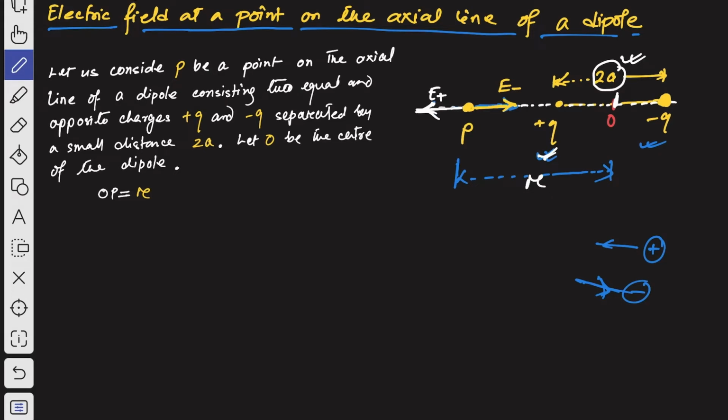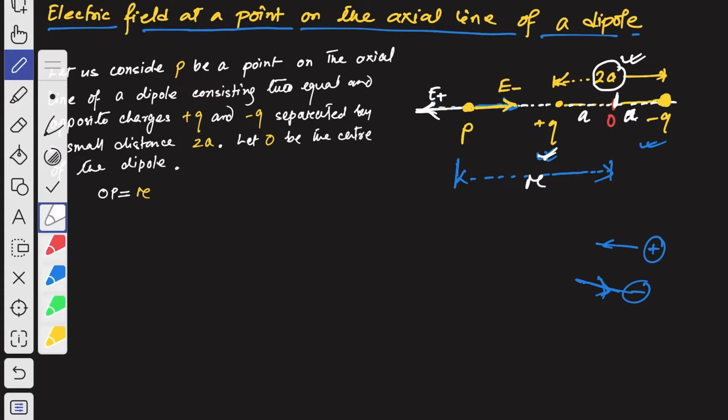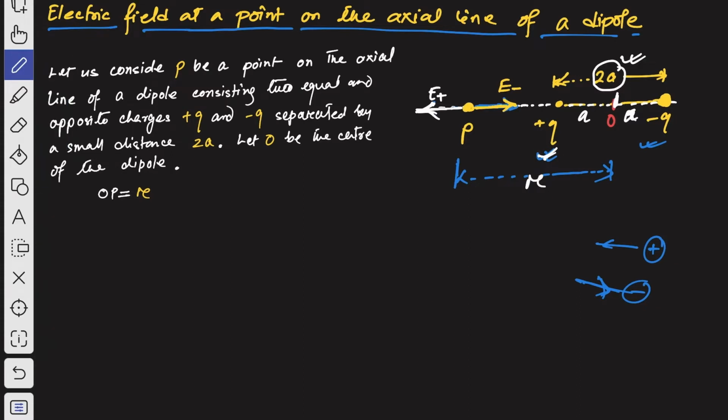So the distance from the center to each charge, from O to q positive and from O to q negative, should be a. So the distance from q positive to O is a, and the distance from P to O is R.